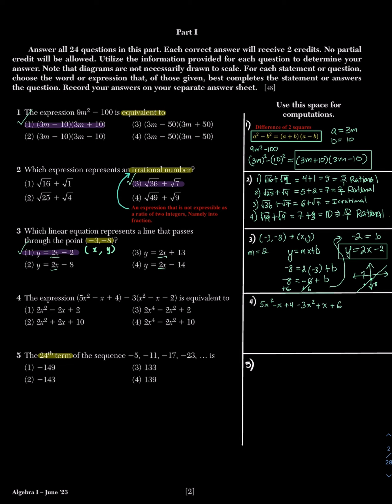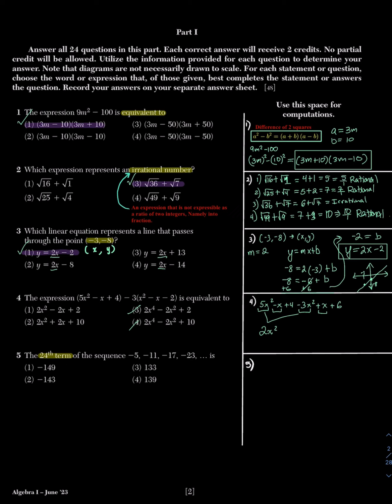We can now combine the like terms. So 5x squared and -3x squared combined gives us a total of positive 2x squared. Notice that when we immediately have positive 2x squared, we can eliminate choices 3 and 4, because the problem there is the exponent being to the 4th power, and we only have our exponent to the 2nd power. So choices 3 and 4 are completely eliminated. Then we can combine the next 2 like terms.